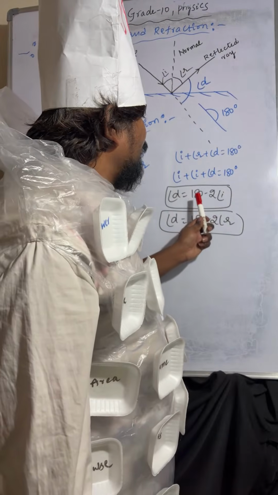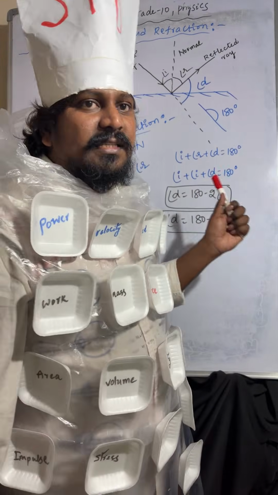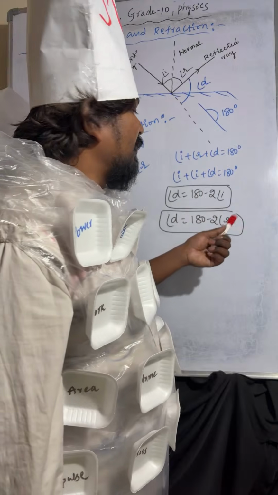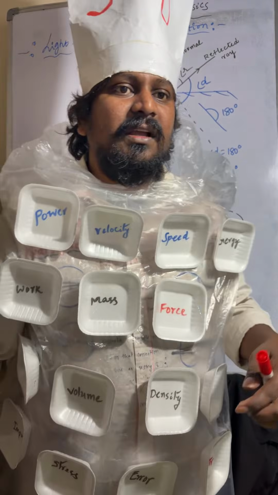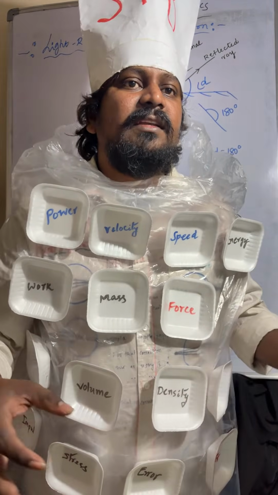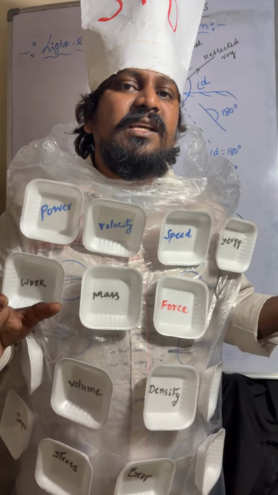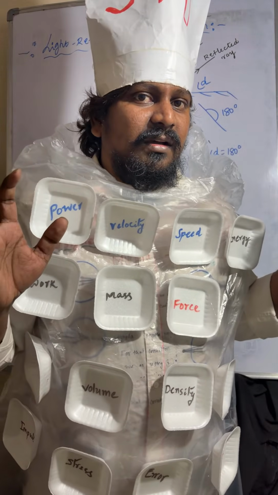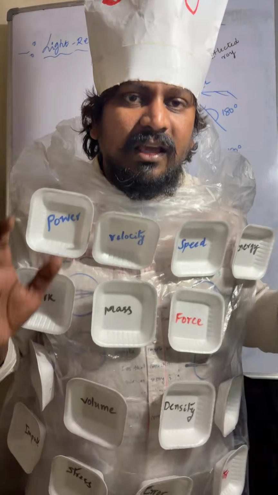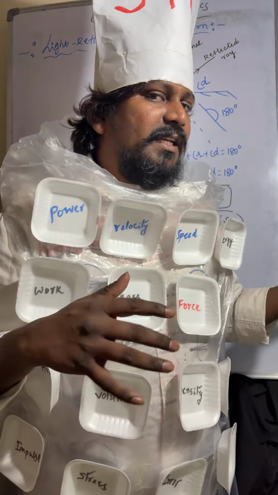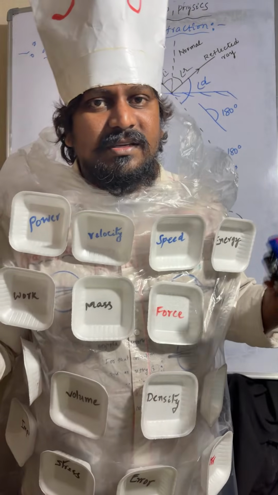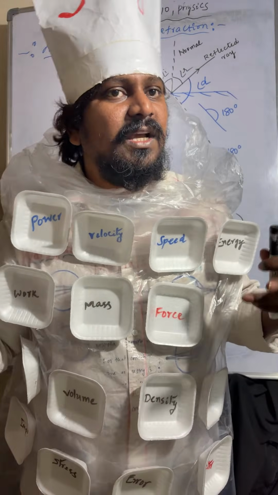Angle of deviation equal to 180 minus 2 angle of incidence. Angle of deviation equal to 180 minus 2 angle of reflection. Okay, I hope it is very clear. So this is about laws of reflection, reflection of light and angle of deviation.